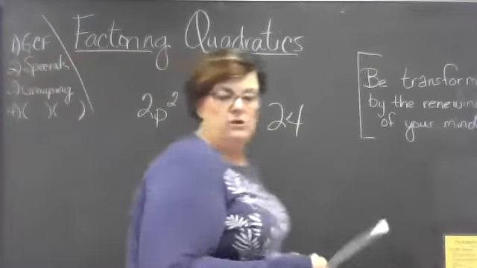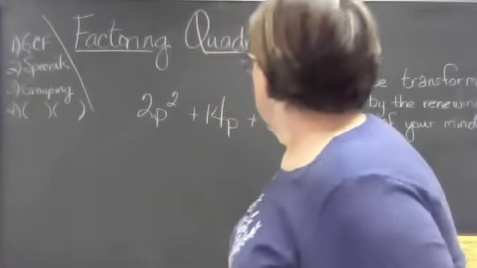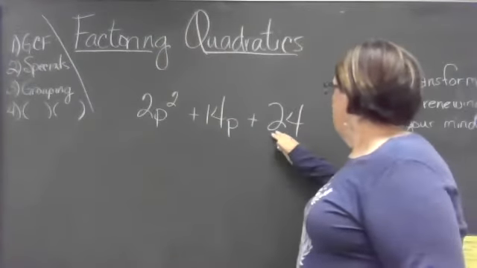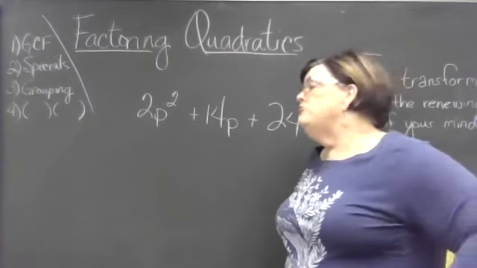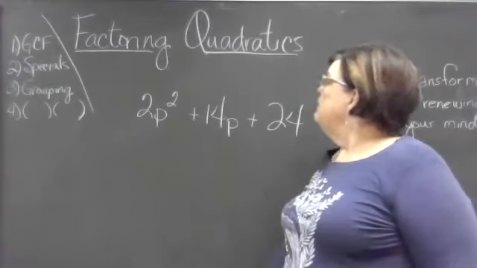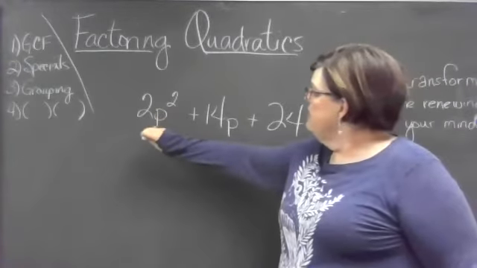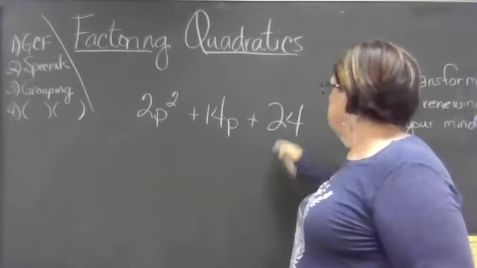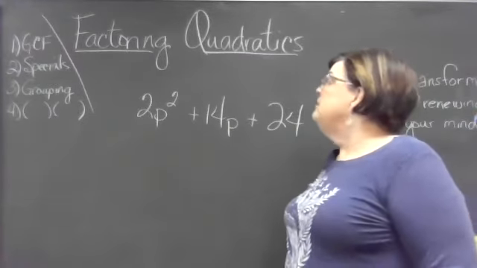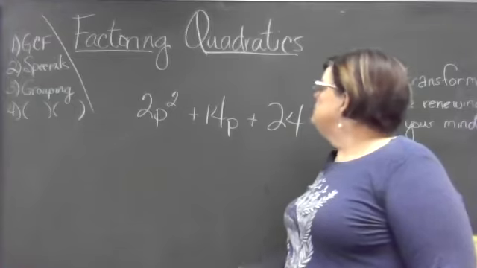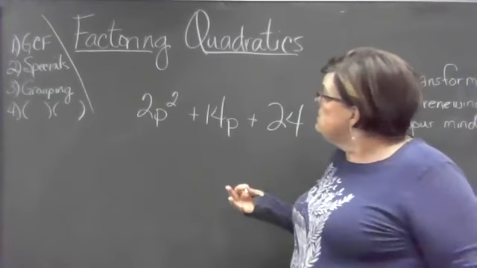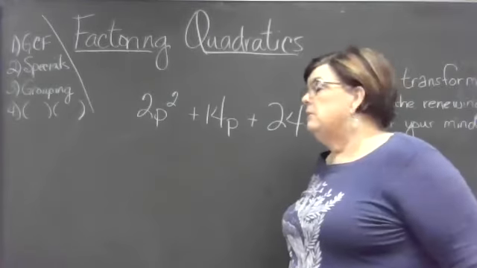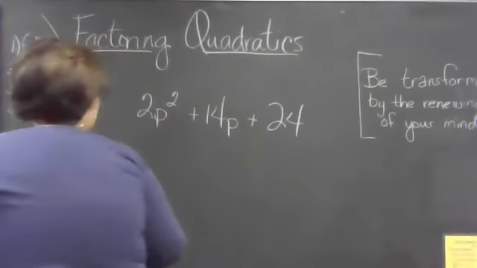Okay, factoring out the greatest common factor means what I want to do is look at each term and find out what the largest number is that I could take or divide out of this term, and this term. Now we found out if it's something that you have a hard time seeing, that there's a way to do this, okay? So I want to show you that way first.